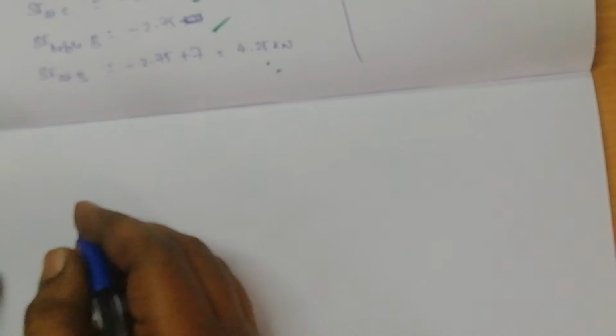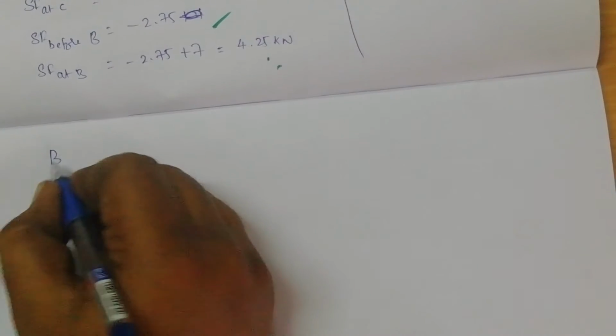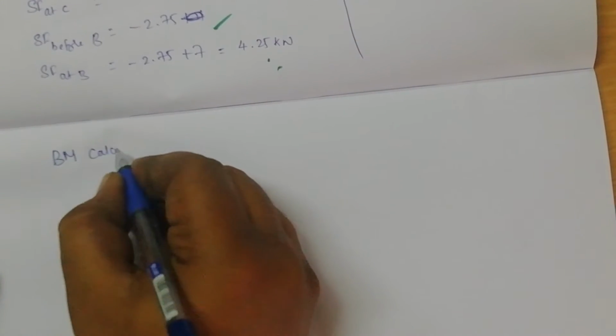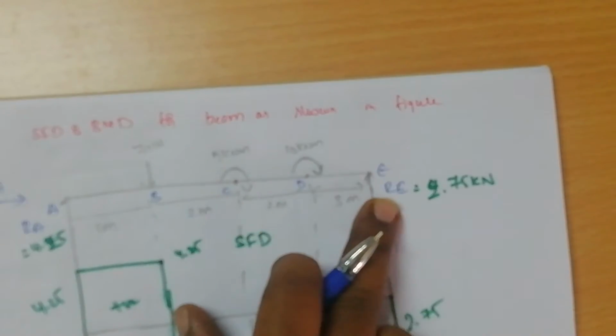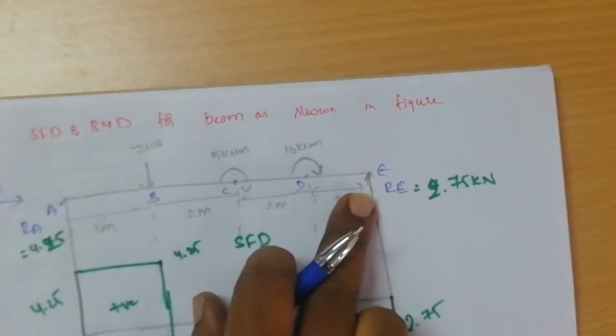When I write the bending moment diagram, what is the bending moment calculation? In the bending moment calculation, the first point in the diagram is the right corner, which is E point. So bending moment at point E is equal to 0.